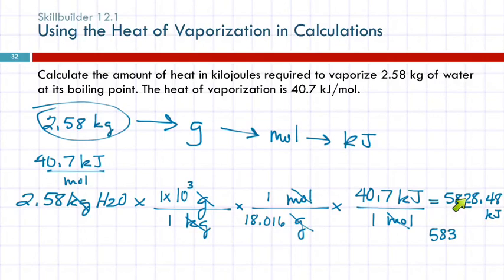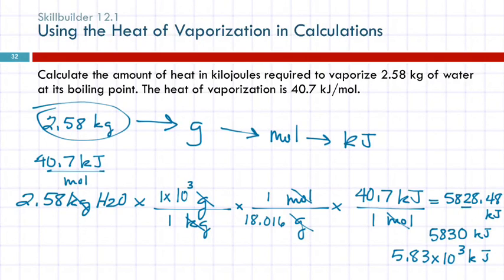So anything between this last digit that I'm keeping and the decimal point, I have to replace any of those digits with 0. So this would be 5830 kilojoules. The answer is not 583 because it's 5,000. Okay? You can also put it in scientific notation, and that's better. So it's that many kilojoules.